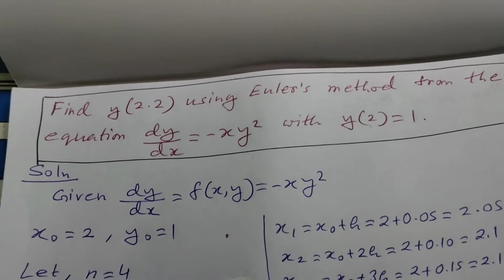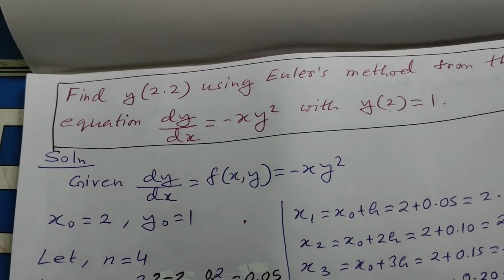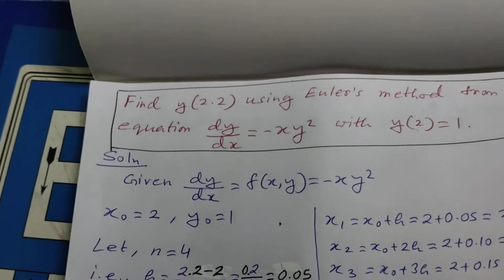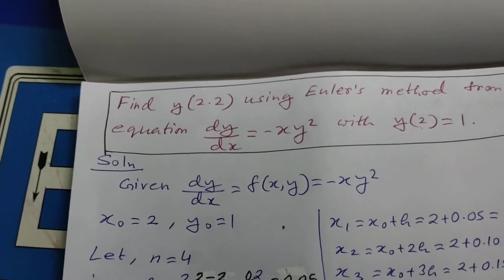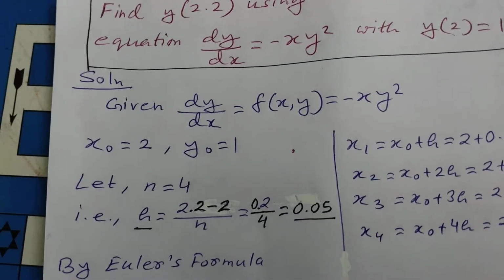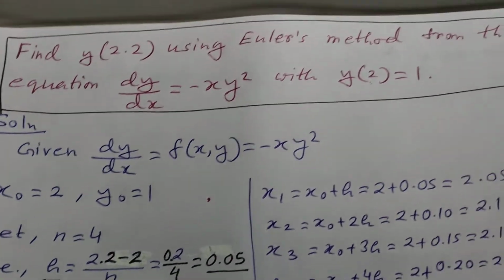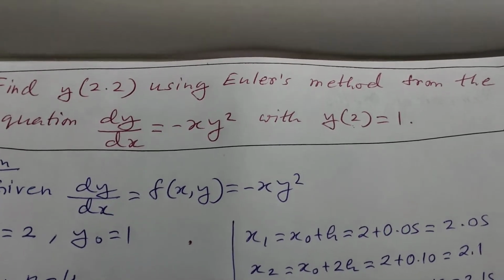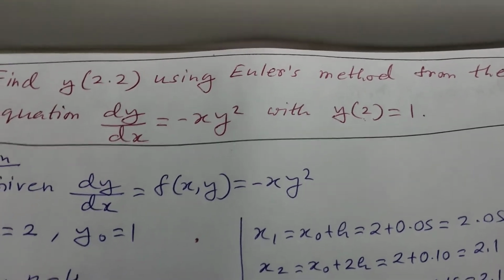The difference between 2 and 2.2 is 0.2, which is termed as h. h is the difference, or the interval, or the gap.